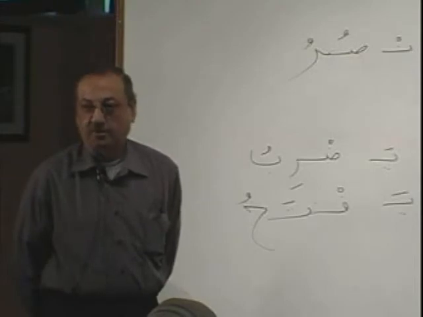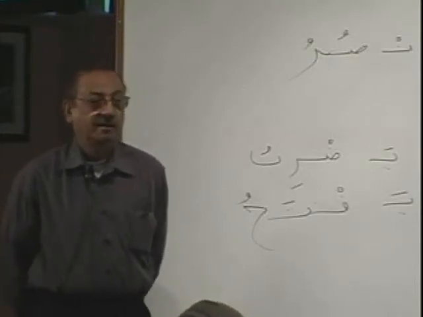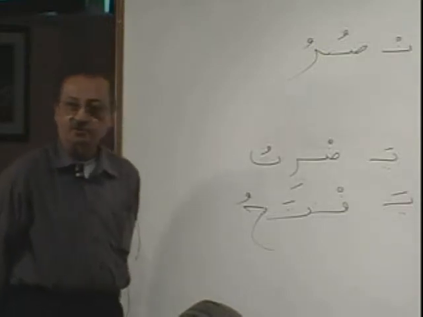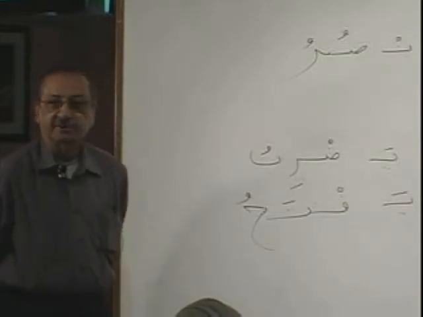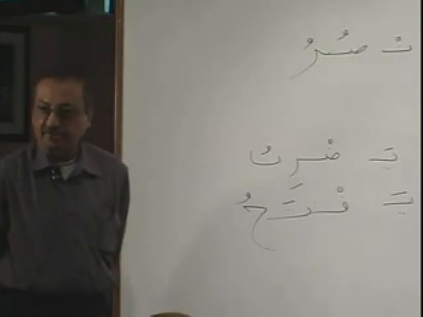And there are still more. There are totally 6 different ways the mudariya is formed. And we are going to learn. Out of those 6, 4 are very common, 2 are less frequent.